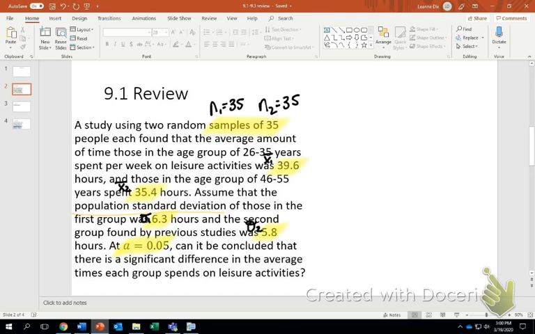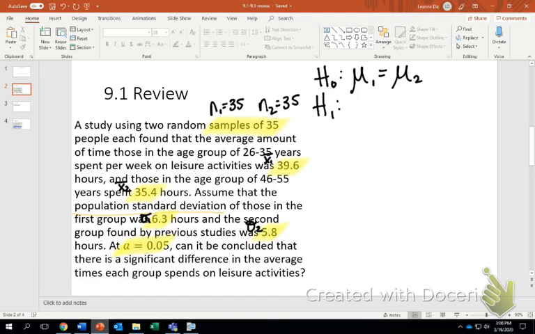The first thing I have to do is write my hypotheses. The null hypothesis is when they are always equal. So we're talking about averages, so I'm going to say my first average is equivalent to my second average. And then my alternative hypothesis comes from usually the last statement or maybe the first statement. So if I keep reading, it actually looks like it's in my last statement because it says, can it be concluded?